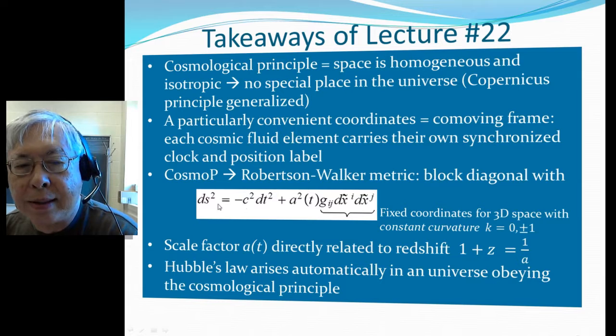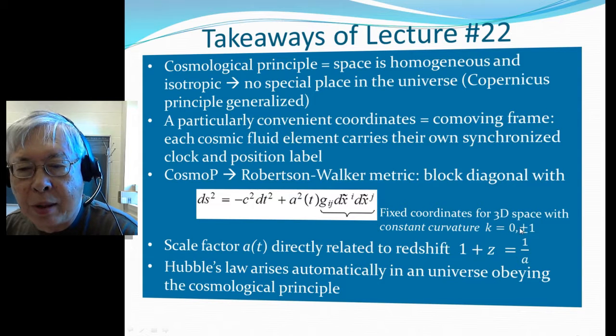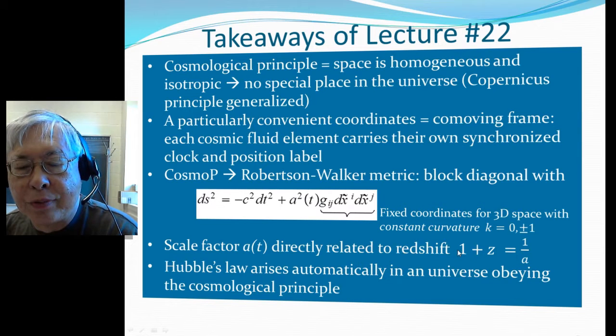So ds squared is equal to minus c squared dt squared because of proper time, plus the scale factor squared times this part, which is fixed coordinates for a 3D space with constant curvature. It can be a flat universe, or an open or closed universe, k equal to 0, minus 1, or plus 1. The scale factor a is directly related to redshift: 1 plus z equals 1 over a. And Hubble's law arises automatically in a universe obeying the cosmological principle.